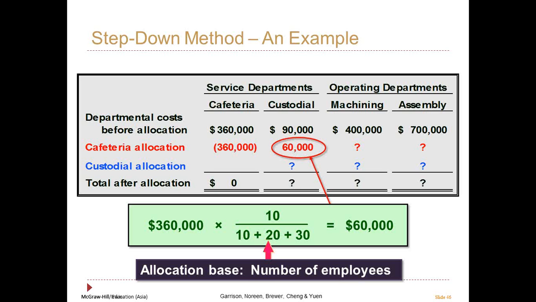For custodial, the allocation percentage is 16 2/3%, obtained by dividing 10 employees by 60 employees. Next, we multiply the allocation percentage times the service department cost. To allocate cafeteria costs to custodial, we multiply 16 2/3% times 360,000 and get $60,000.